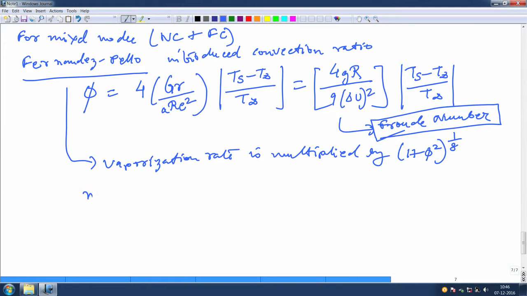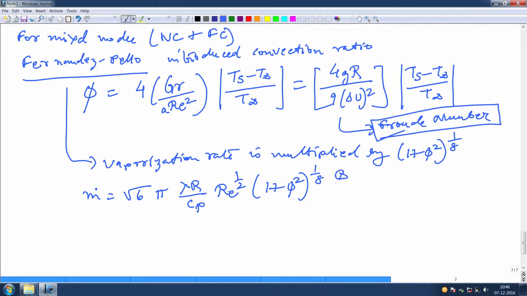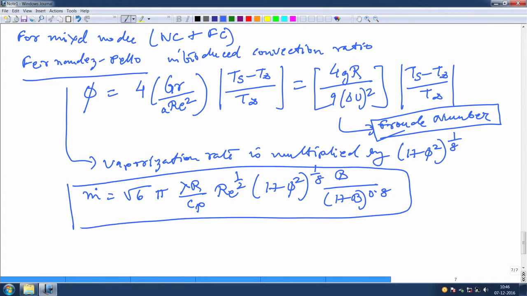So, the m dot that they calculate, 6 by pi, so this is the expression that he found for the vaporization rate.